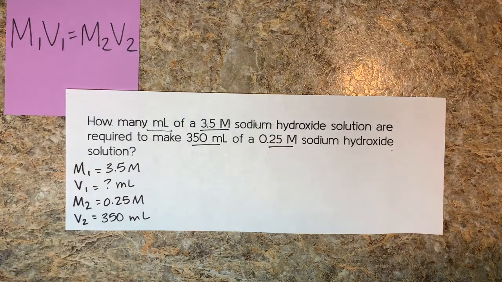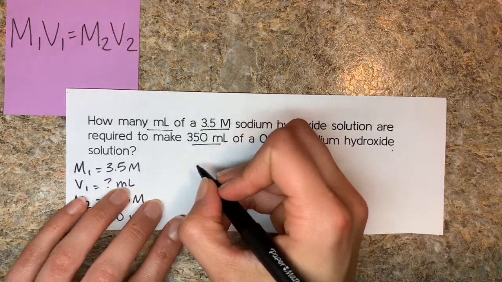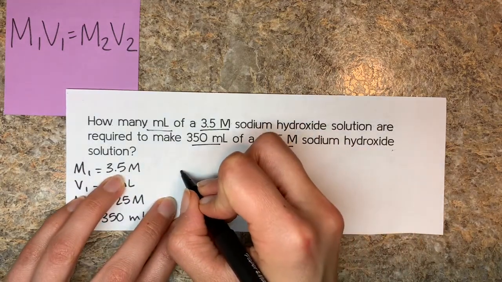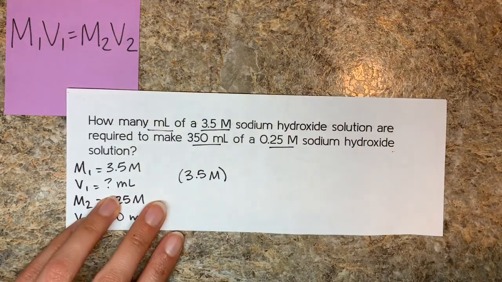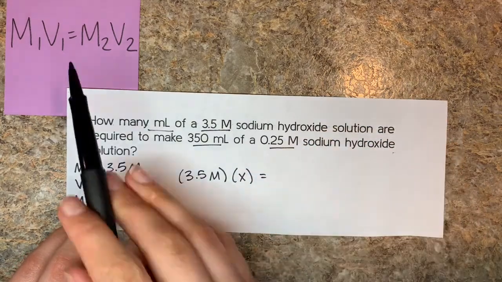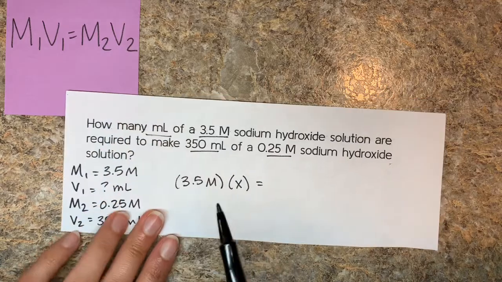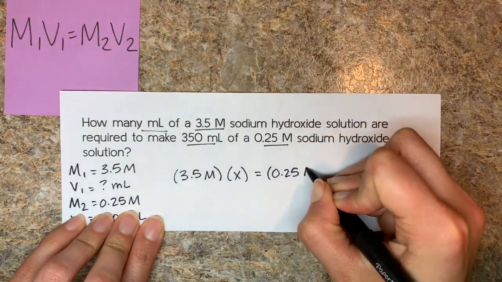And now I can set up my equation. So M1 times V1 comes first. I'm going to put the 3.5 molar as M1. The V1 is what I'm trying to find, so I'm going to put that in as X, is equal to M2 times V2. My M2 is 0.25 molar.